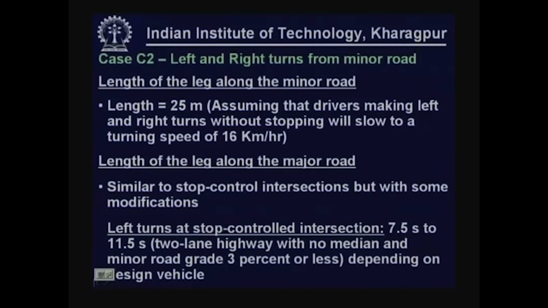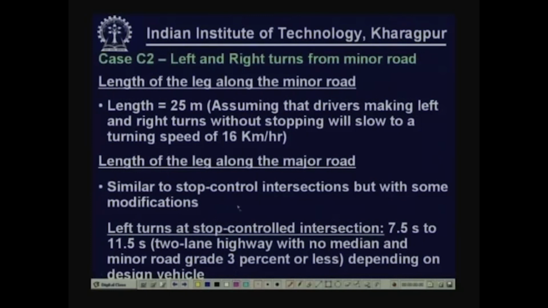Now, this 25 meter is based on the assumption that drivers making left and right turns without stopping, remember this part, without stopping will slow to a turning speed of 16 km per hour.